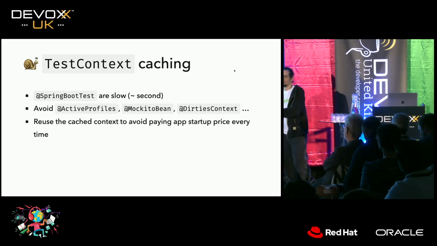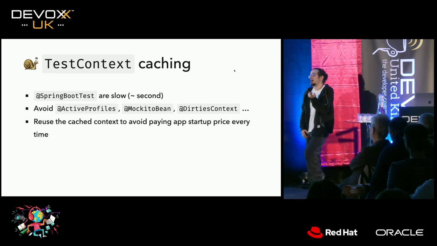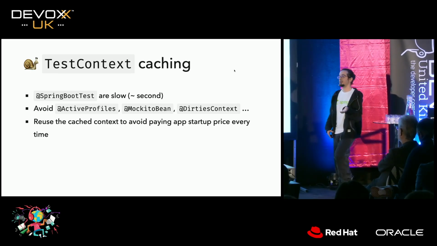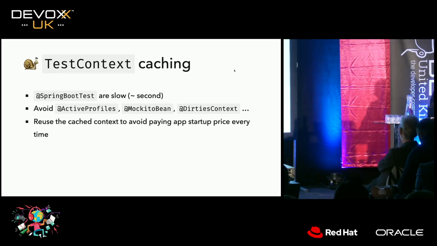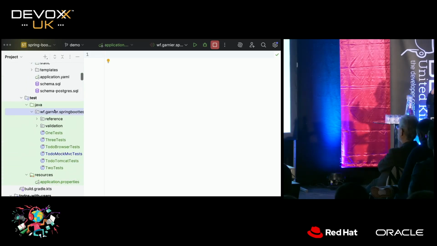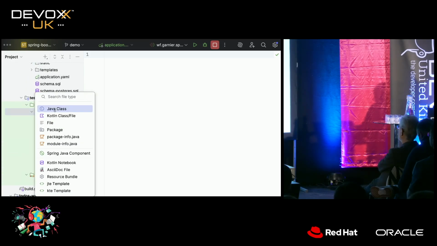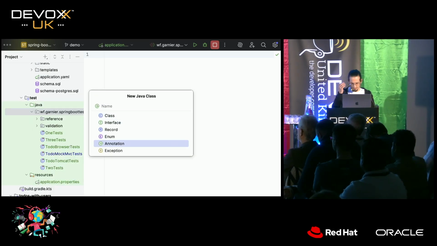So you're allowed to use active profiles, but don't do like 42 different active profiles. If you have one active profile for your test, it's fine to have it in all your tests. Actually, you can even write your own annotation, right? So if you're going to add active profiles everywhere to every test, or like auto-configure mock MVC for every test, you can add an annotation, right?